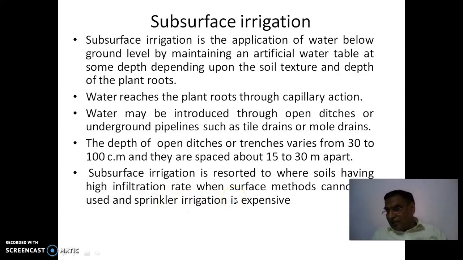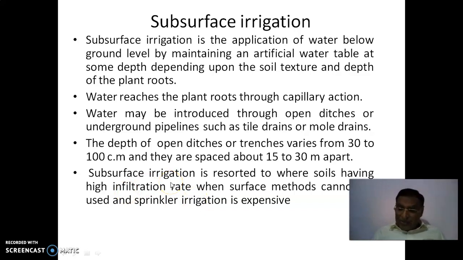When there is a soil of high infiltration, it is not wise to spread the water on the surface indiscriminately. In that case, you better resort to this kind of subsurface irrigation method, where it can save some water.